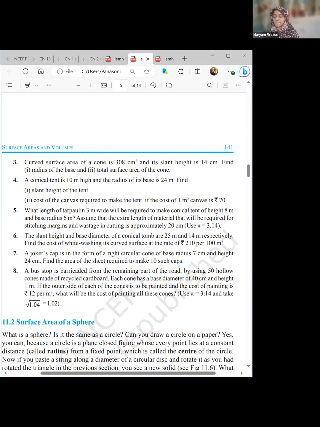Abdul Jabbar? Yes, ma'am. What will be the length of this rectangle? Do you want me to repeat my question? Did you understand the question or not?